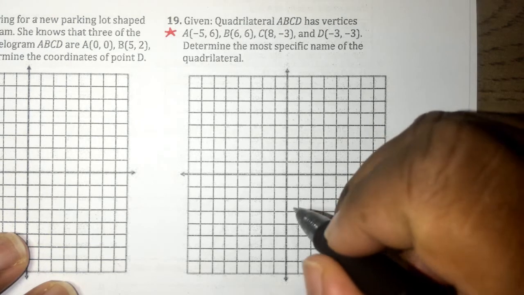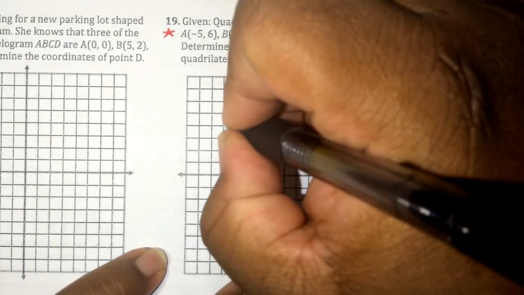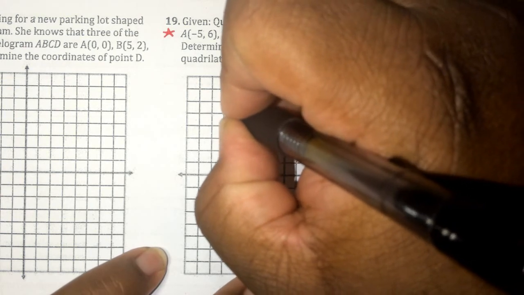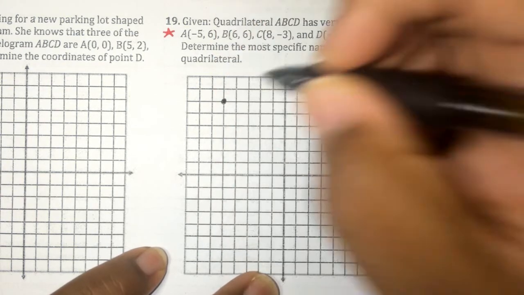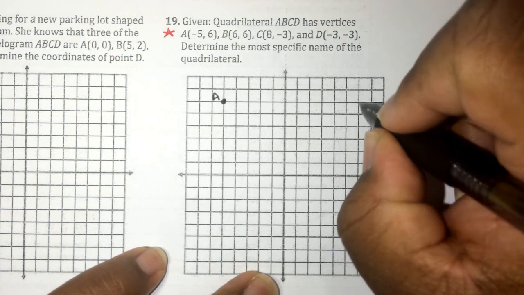So graphing this real quick. Negative 5, up 6. 6, 6.